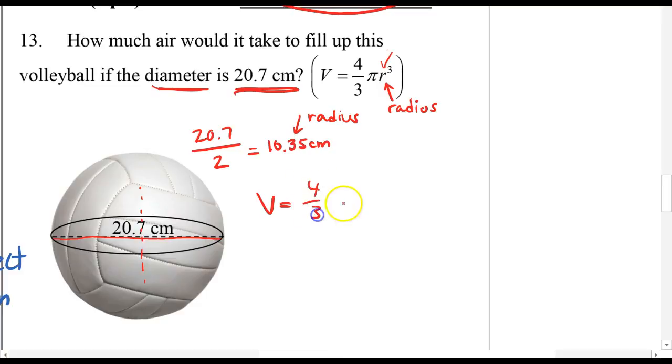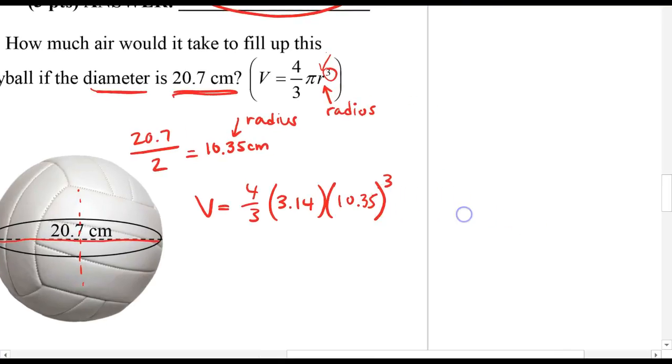Now 4 over 3 times pi, which is 3.14, times the radius cubed. Notice there's a 3 there. Cubed. So whatever the radius is, you're going to cube it. Okay, and so that's 10.35. And cubed means you're going to multiply that same number, 10.35, 3 times.